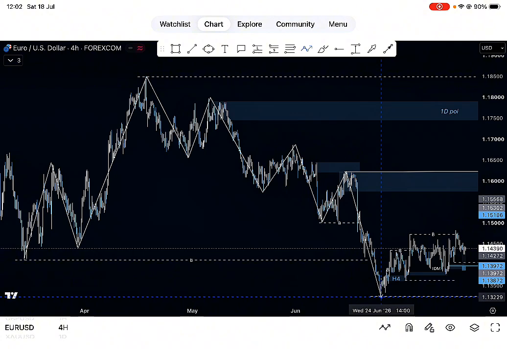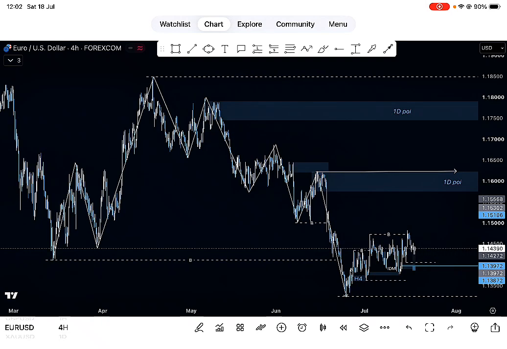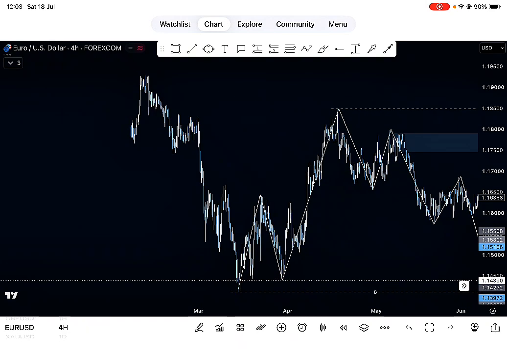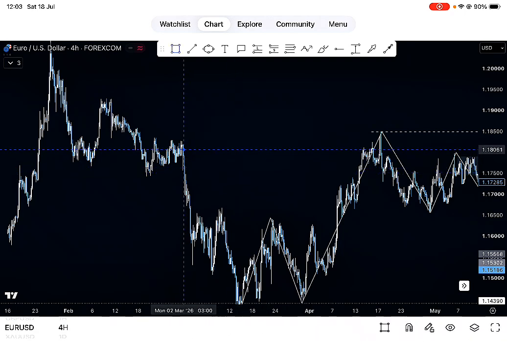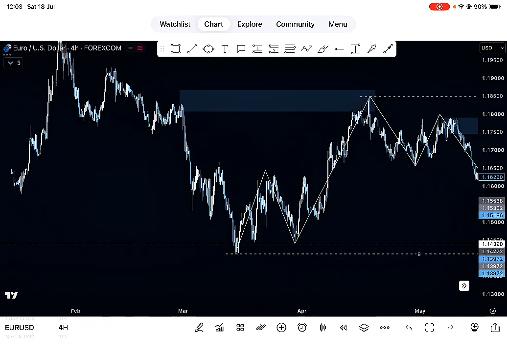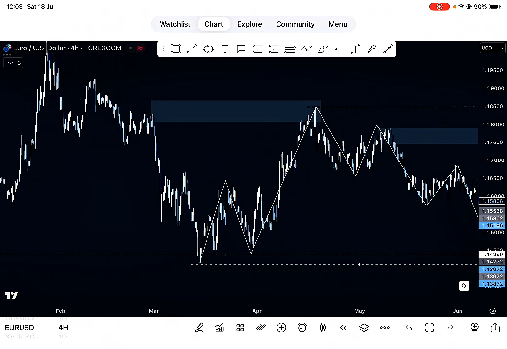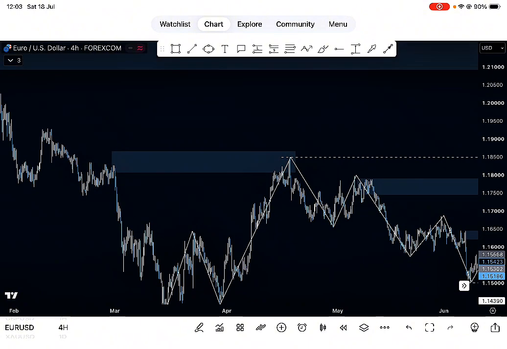Because the daily time frame was already bearish. If I go back, you will see that this place will be reacting on the daily time frame POI, which was around here. You see, it was reacting from here, and you see it was bullish. Had the daily been bullish, we would have broken this place.